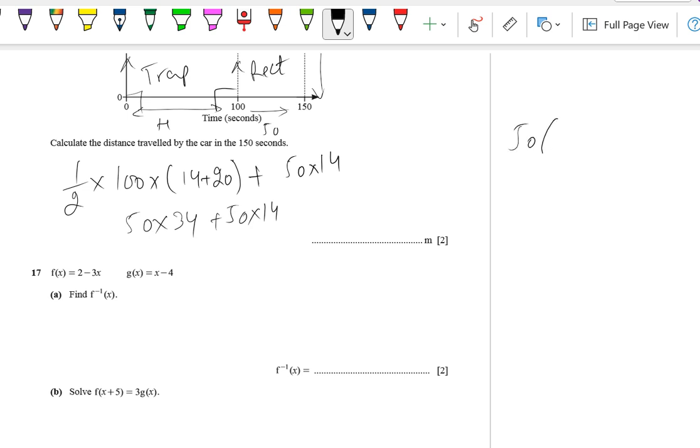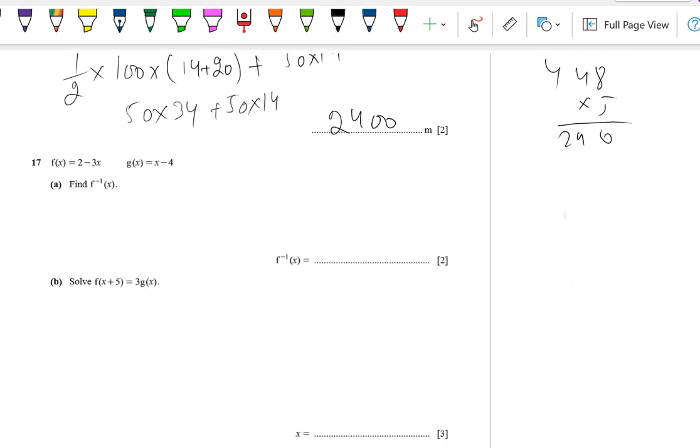You may take 50 as common or factorize it, and 34 plus 14 should be 48. So if you multiply it with 50, 2400 should be the answer.